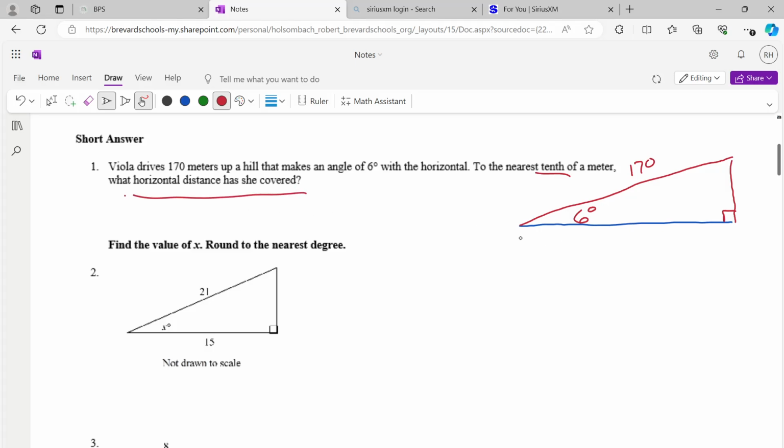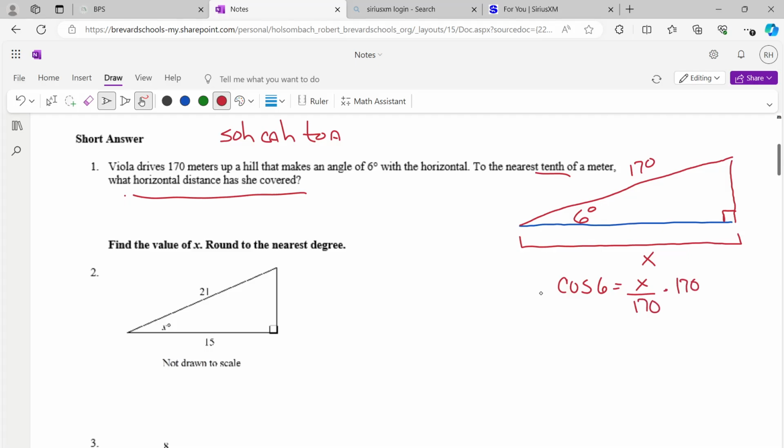We're looking for this, there's our horizontal distance. So we've got an angle of elevation. We've got adjacent and hypotenuse. Adjacent and hypotenuse is cosine. So cosine 6 equals adjacent over hypotenuse.